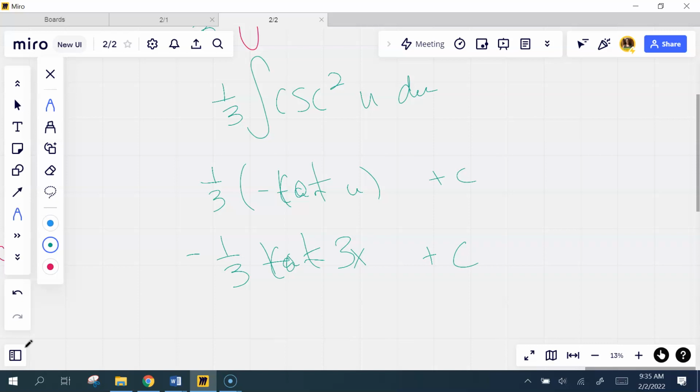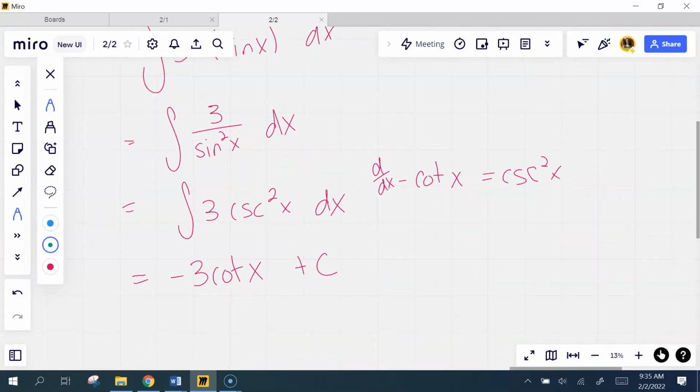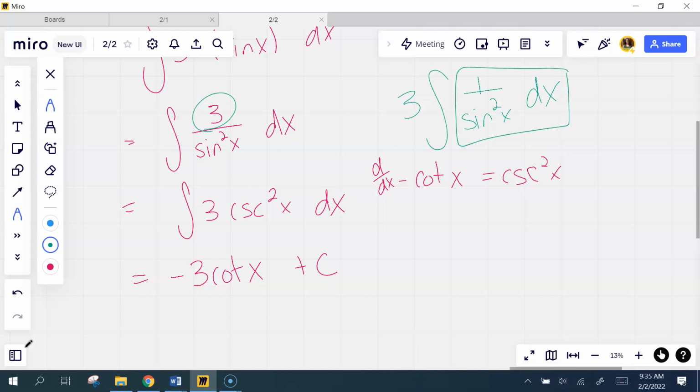Does that make sense? So on the last one, because I know, okay, I can pull that 3 out, right? I know what this is. I know what the antiderivative of that is.